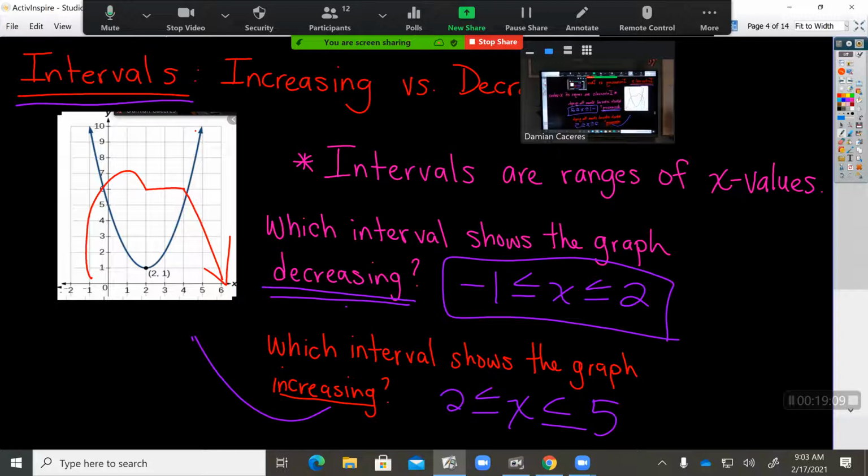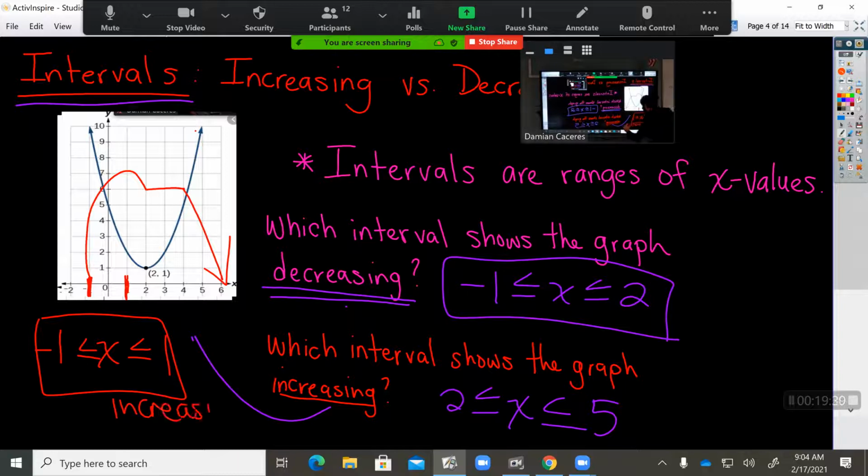So what's happening between -1 and +1 on that red line? Let's check. -1, +1. From here to here, what's going on with that line? Up or down? Increasing. Right? Because it's going up.